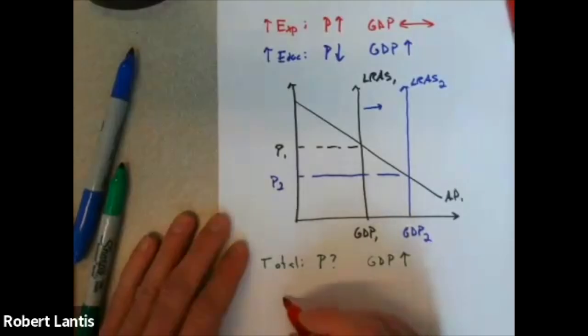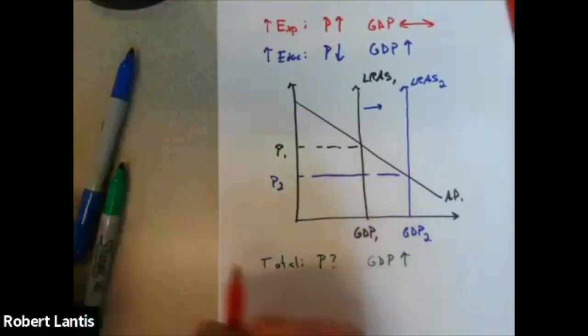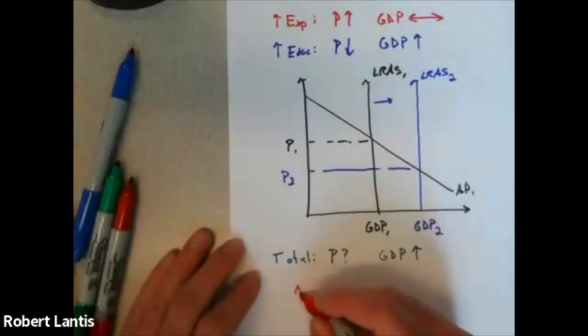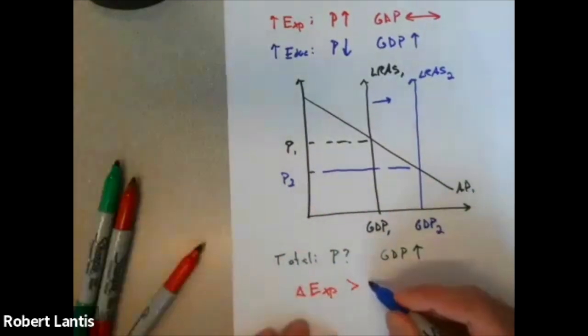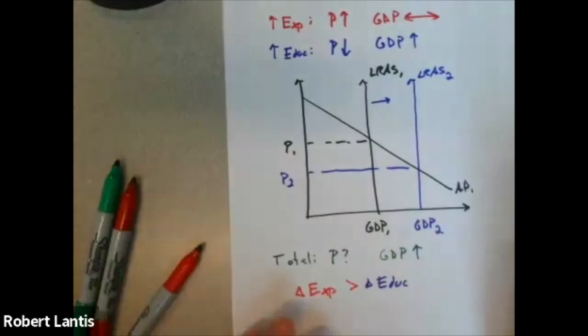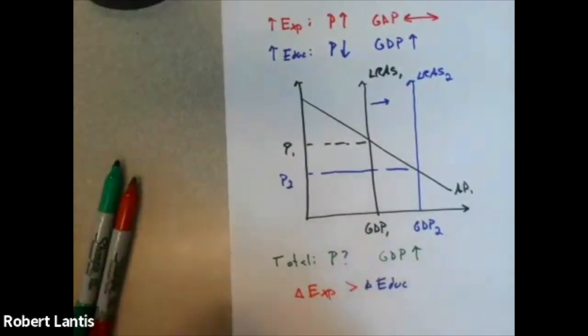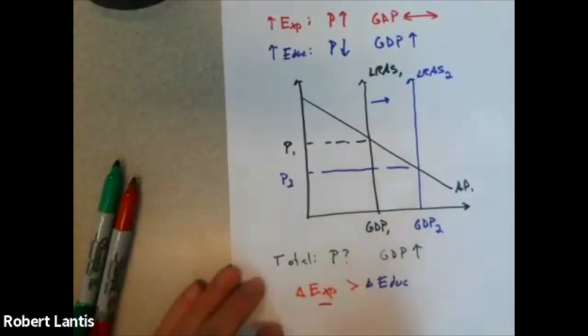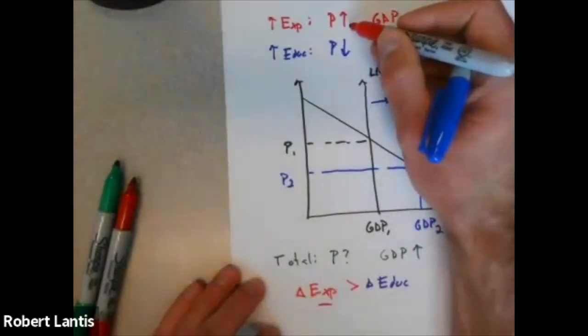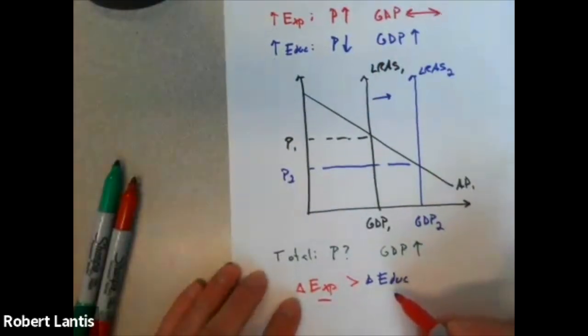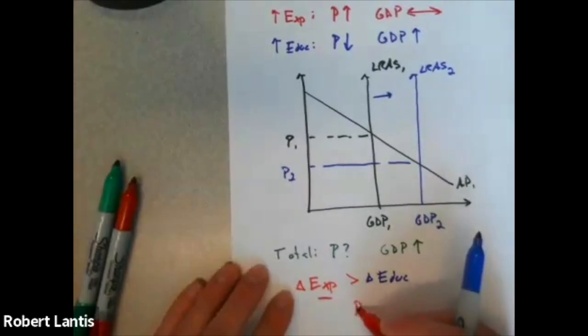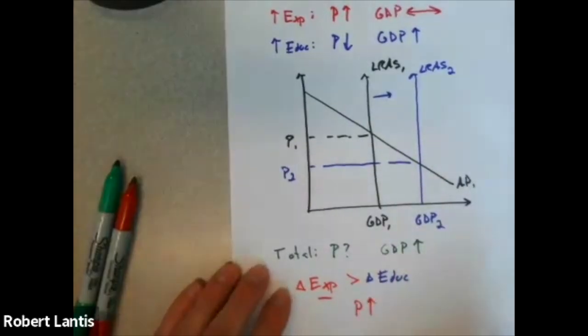So if I were to tell you that the change in exports was greater than the effect caused by the change in education, then the effect that dominates is the increase in exports. That was pushing prices up, and it overcomes the decrease in prices caused by the change in education, in which case we know prices would have to go up.